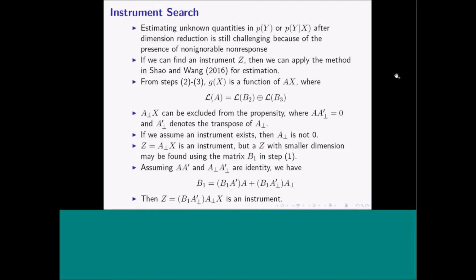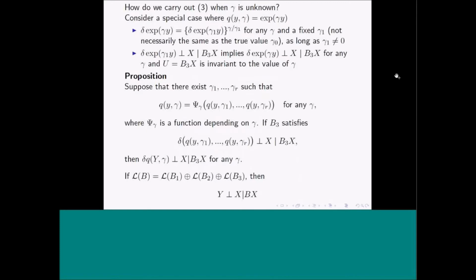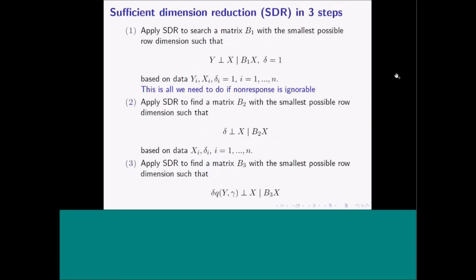And after that, I'm going to do one more thing. Remember that previously, what is B1? B1 is the first step: B1 is the one with all the covariates that are related to Y, right?